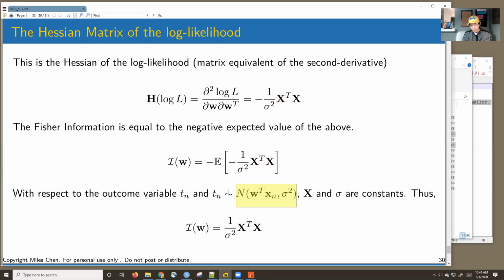The outcome variable t is the random variable, defined by this PDF. So the negative of the expected value here is just going to be this constant. Okay, so the Fisher information that we have about the parameters W is going to be 1 over sigma squared X transpose X.